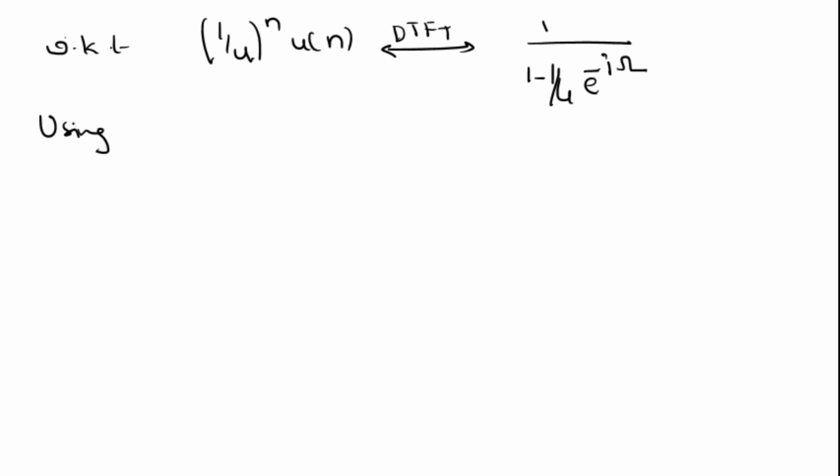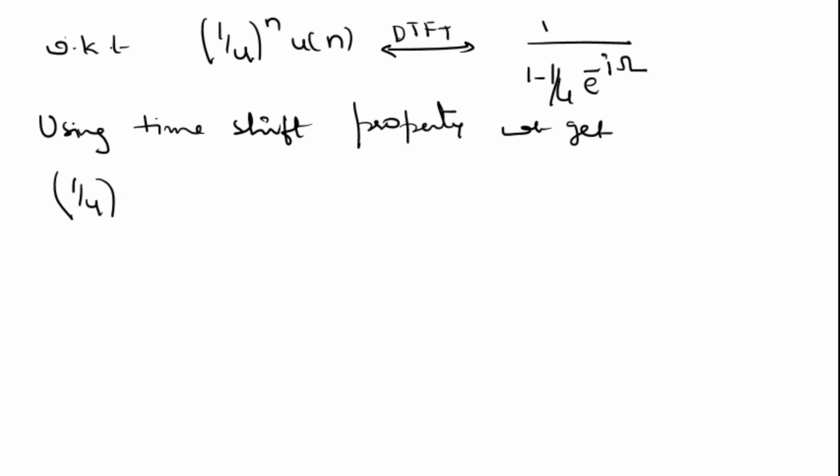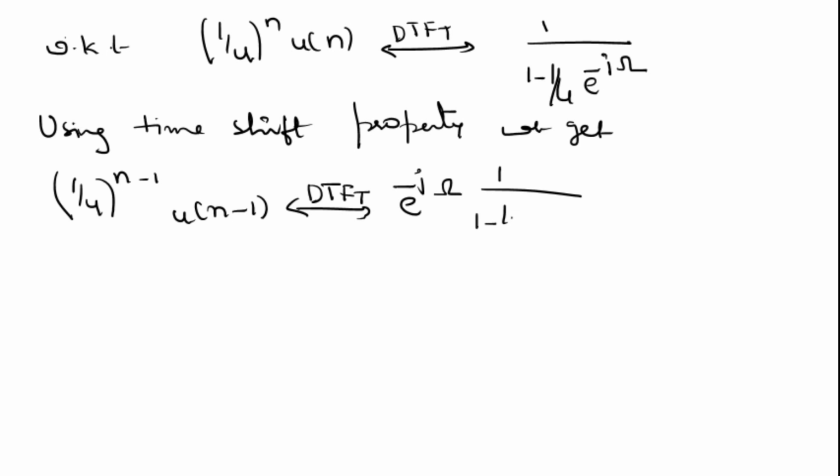Using time shift property, we get (1 by 4)^(n minus 1) into u of n minus 1. By taking DTFT, we get e^(minus j omega) into 1 divided by 1 minus 1 by 4 e^(minus j omega), which is equal to 1 divided by e^(j omega) minus 1 by 4.